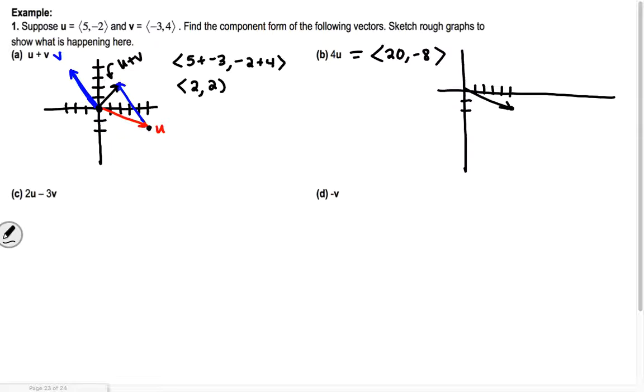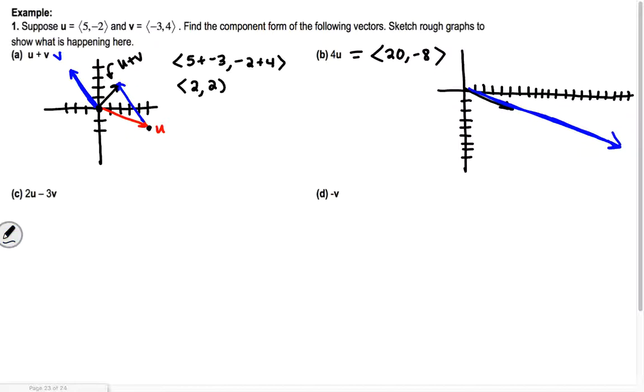How do you think it affects it when we do 20 comma negative 8? Well, let's see. 6, 7, 8, 9, 10, 11, 12, 13, 14, 15, 16, 17, 18, 19, 20. Still almost didn't have enough room. 3, 4, 5, 6, 7, 8. I'm having trouble drawing straight lines.